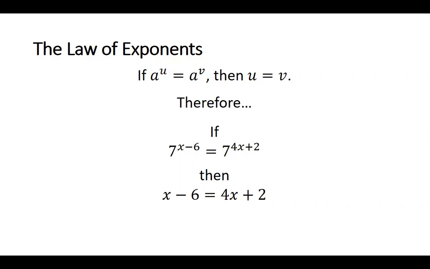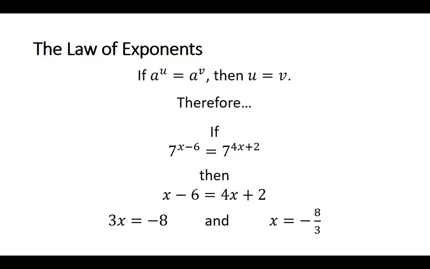So if we put the x's on the same side and the constants on the same side, we have 3x is equal to negative 8. Divide both sides by 3, we have x is equal to negative 8/3. So that's the law of exponents.